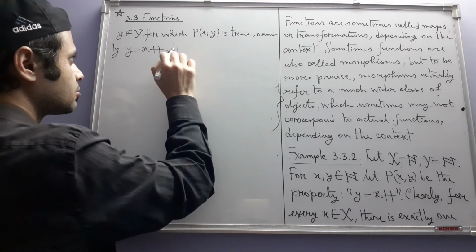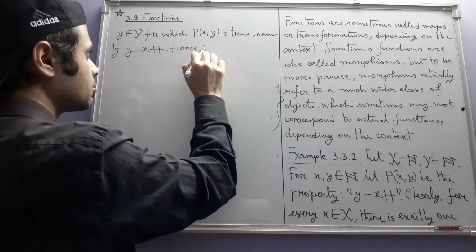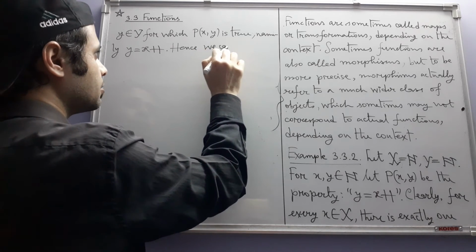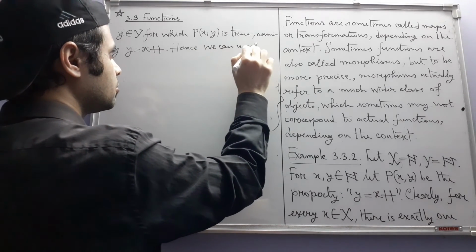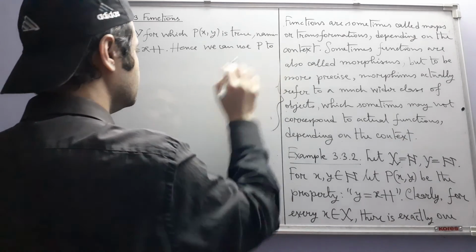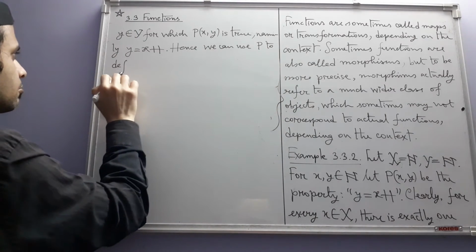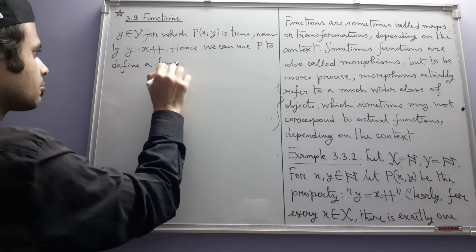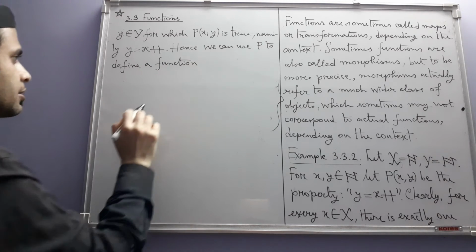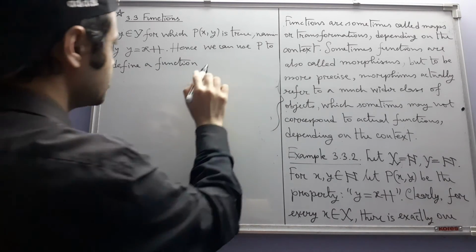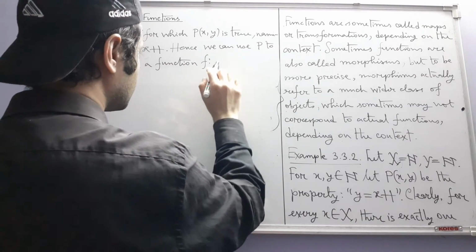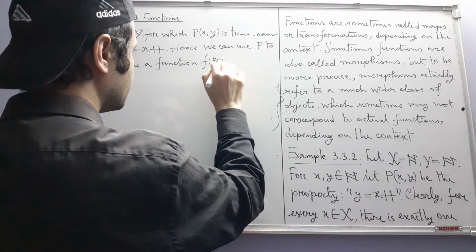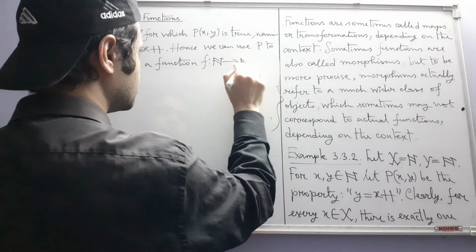Hence, we can use P to define a function, and the function is this. From X to Y, that means it will go from the set of natural numbers to itself.